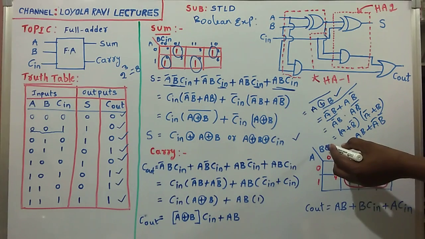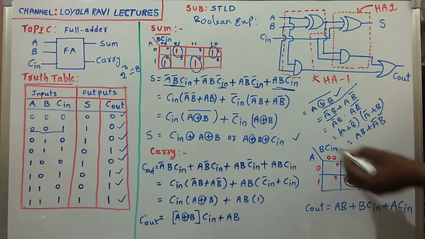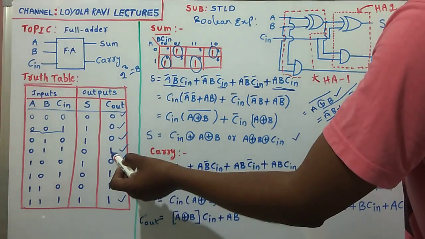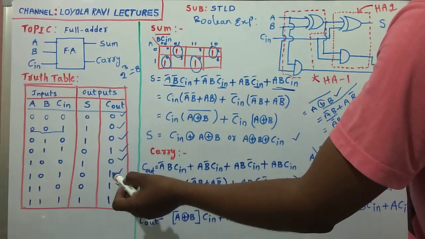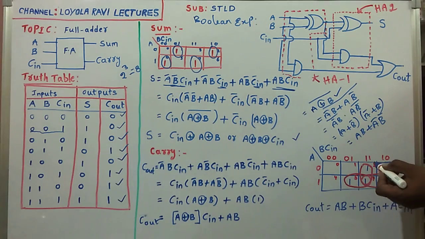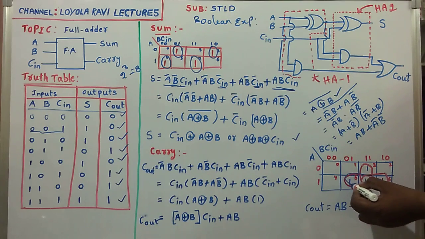So for example, if you take a K map, with A, B, C in, if you place all the values where carry is high, you are getting high for 3, 5, 6, 7. To simplify this, we have one pair, another pair, another pair.